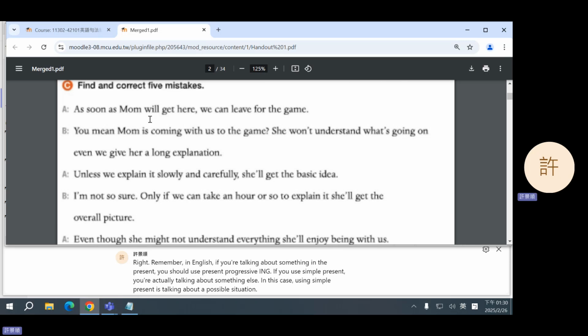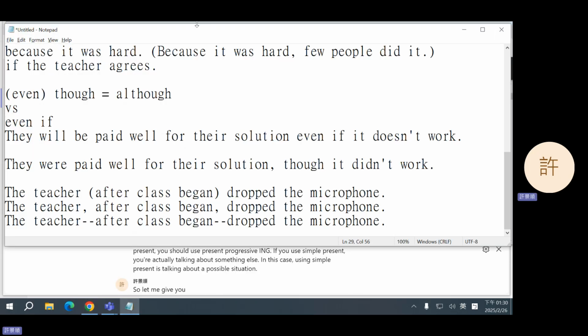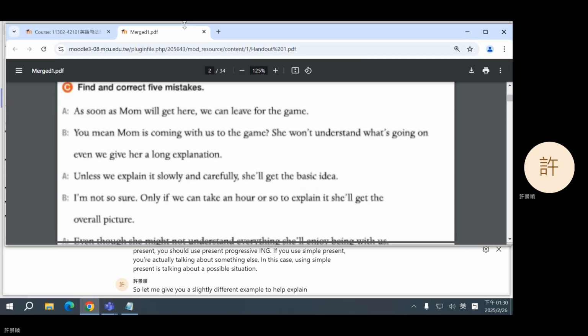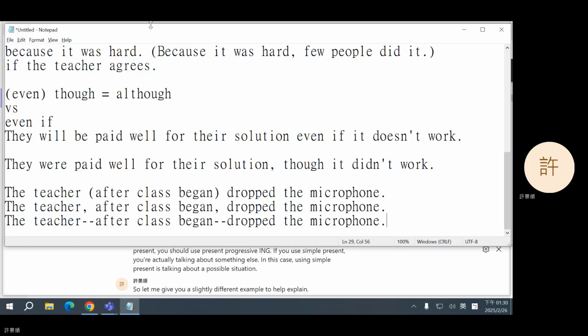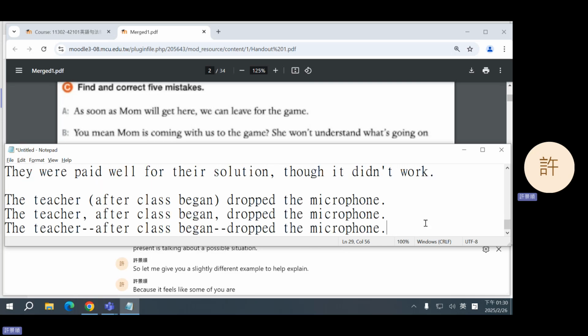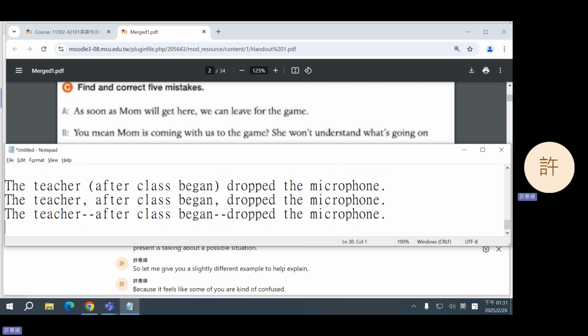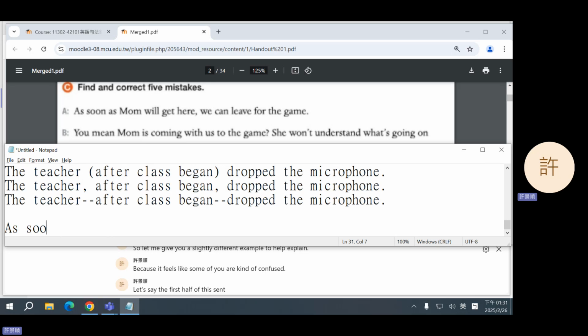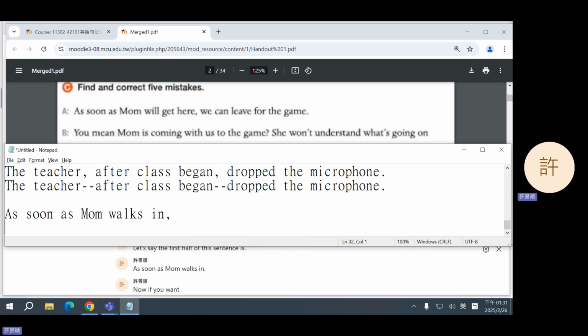So let me give you a slightly different example to help explain, because it feels like some of you are kind of confused. Let's say the first half of this sentence is, as soon as mom walks in. Now, if you want to say that mom walks in the present, you have to say mom is walking in.